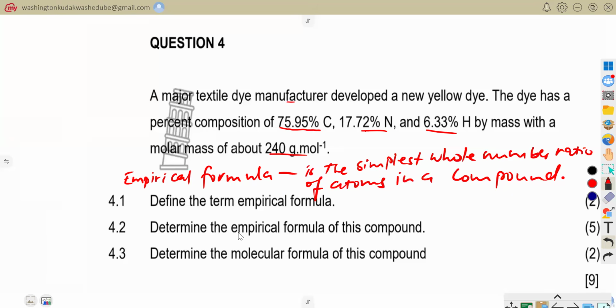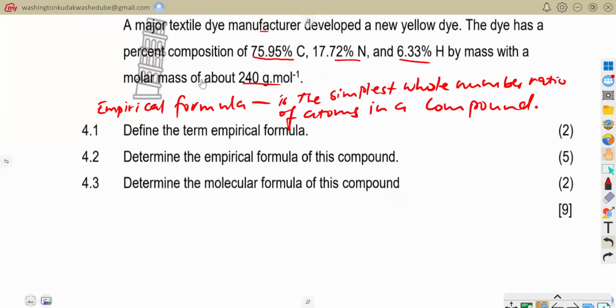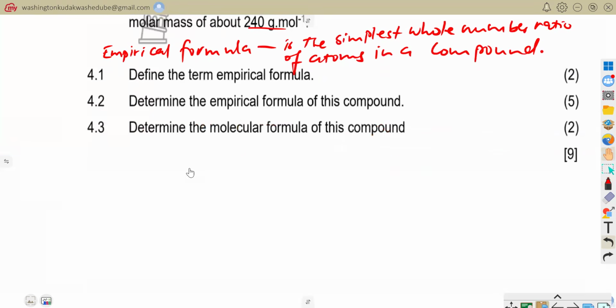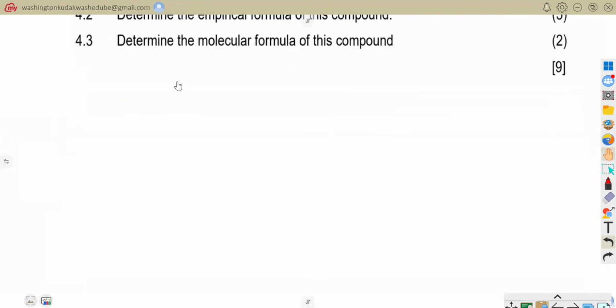And then determine the empirical formula of this compound. I usually advise that we use a table, because a table makes our calculation of the empirical formula easier.